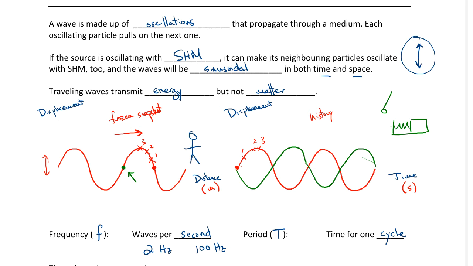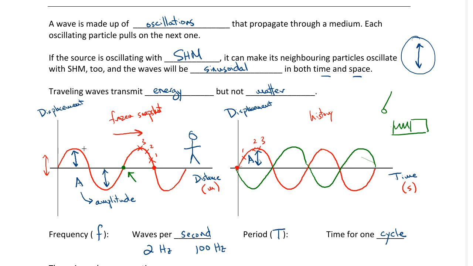Now, if you look at these graphs, there's a few other things you can get. The distance from the peak to the baseline, or from the trough to the baseline, that's the amplitude, A. And that amplitude in a traveling wave is going to be the same for all the particles, and so we'll get the same amplitude no matter which of these graphs that we look at. So A is the amplitude, the distance from baseline to crest or peak, or baseline to trough.